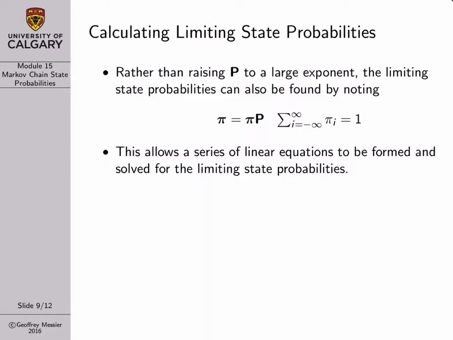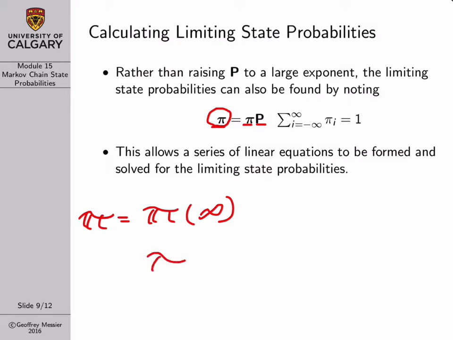The first one is that if we multiply the limiting state probability vector by the probability matrix, then we should still get the limiting state probability vector. So why does this make sense? Well, remember that the limiting state probability vector represents our state vector at an infinite number of time steps, right?